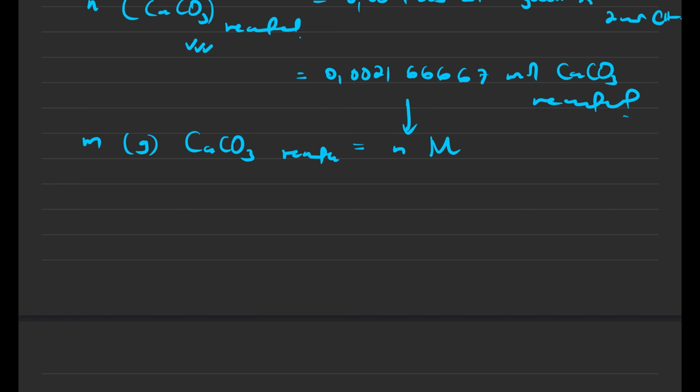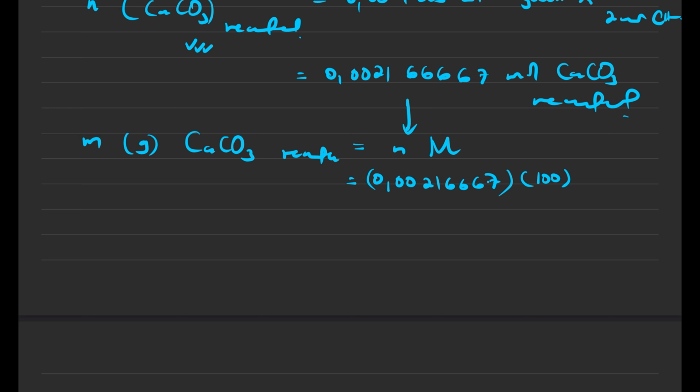So the number of moles is 0.00216667, and the molar mass of calcium carbonate, I calculated it to be 100.